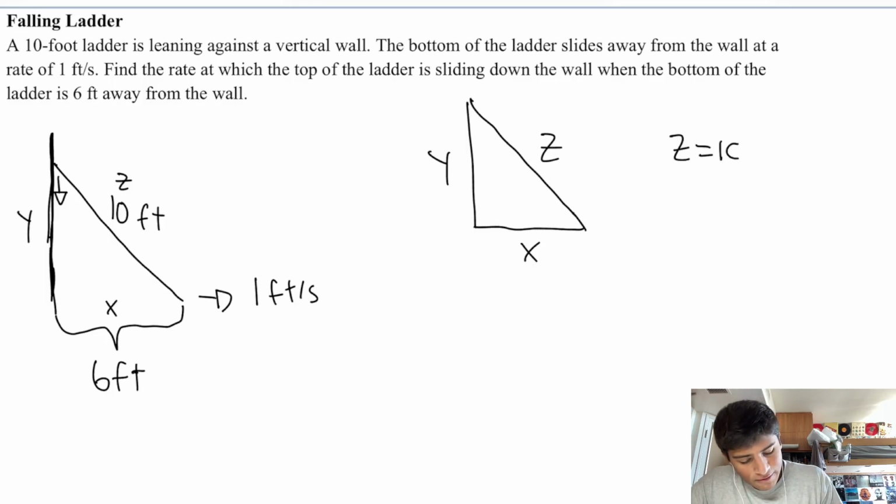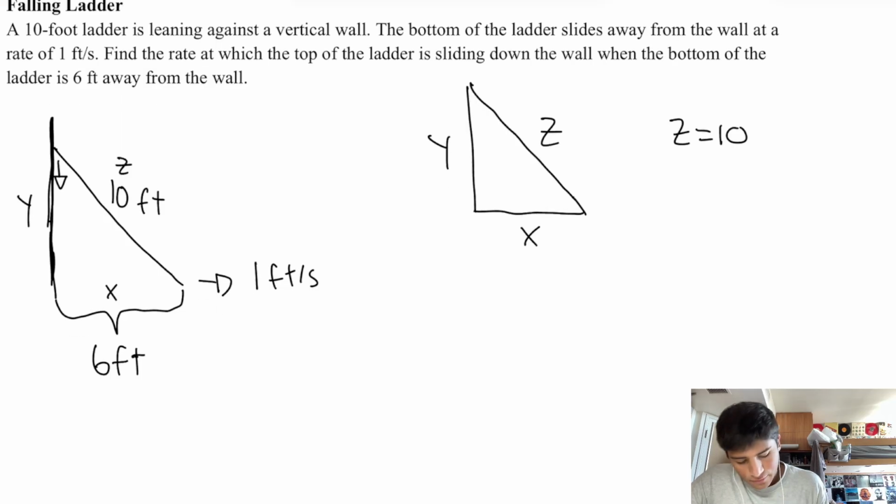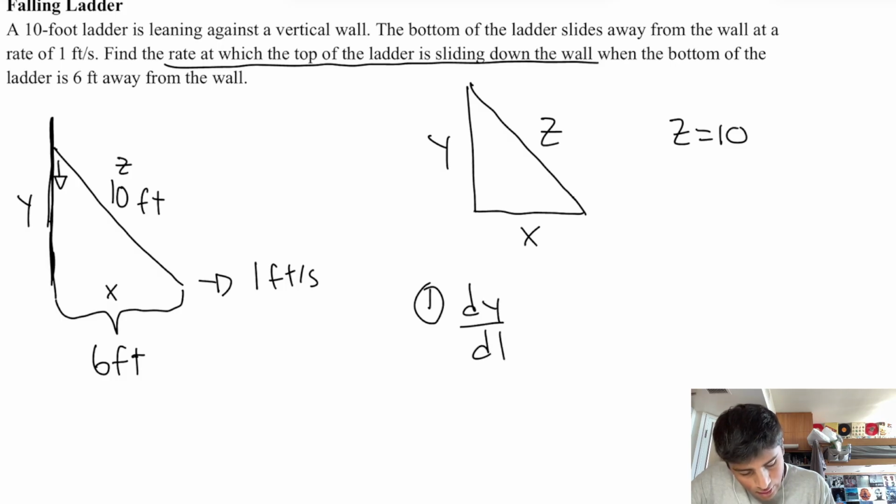This is going to be fixed. Okay, now our first step is, what do we want to find? We want to find the rate at which the top of the ladder is sliding down the wall. Let's call this dy over dt, because we're working in terms of seconds, over seconds.